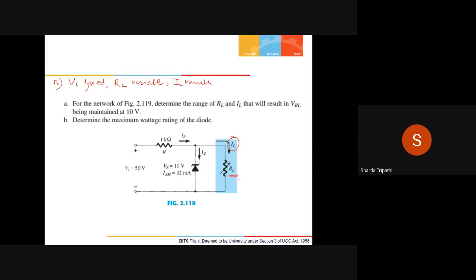This would be the typical question. Like the question statement over here, it reads that for the network shown over here, we need to determine the range of RL and IL that will result in VRL to be maintained at 10 volts. इसके लिए other words that could be used is that voltage should be regulated और ऐसे भी कह सकते हैं कि Zener diode has to be on.